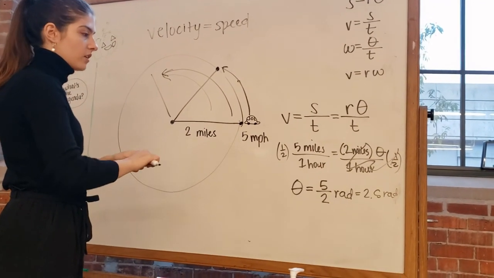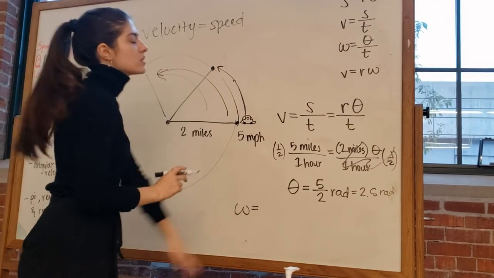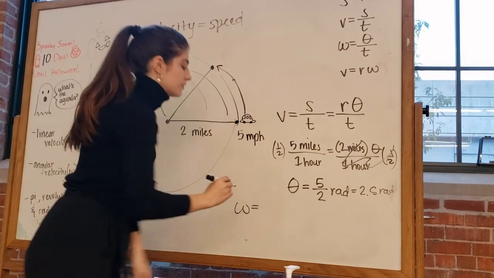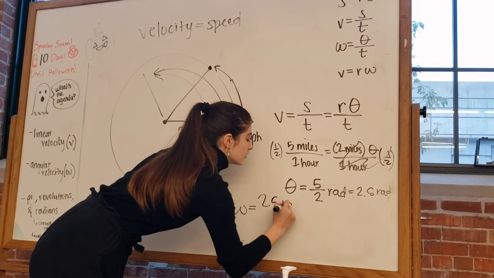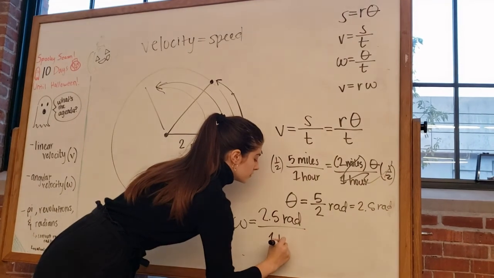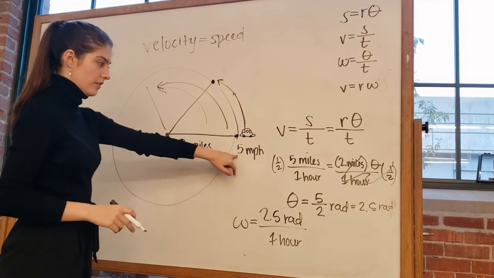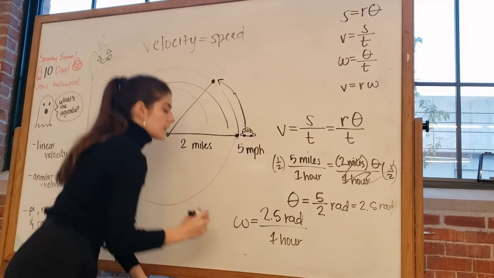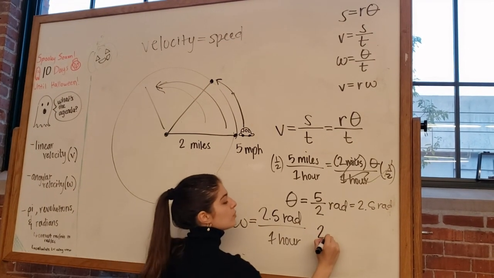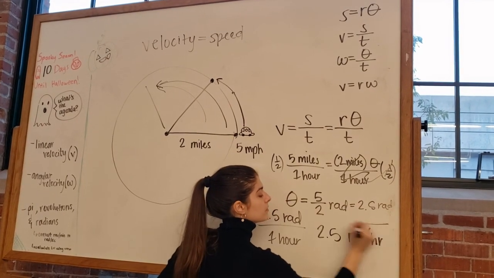And the way that we would find the angular velocity then, right? Angular velocity equals theta, 2.5 rad, over time, 1 hour. So that means our angular velocity for this car that's traveling 5 miles per hour is 2.5 rad per hour.